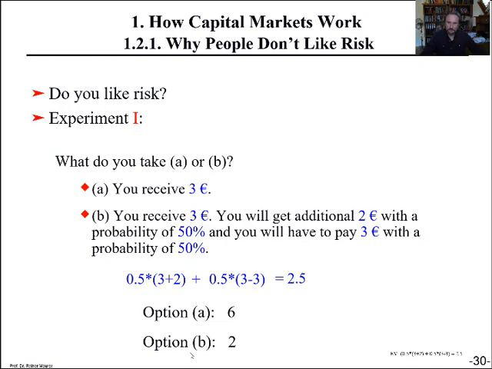The highest payment of option B is €5, which is definitely higher than the certain payment of option A. So, it is in the last instance a question of your personal preferences or your personal taste if you choose option B or option A.